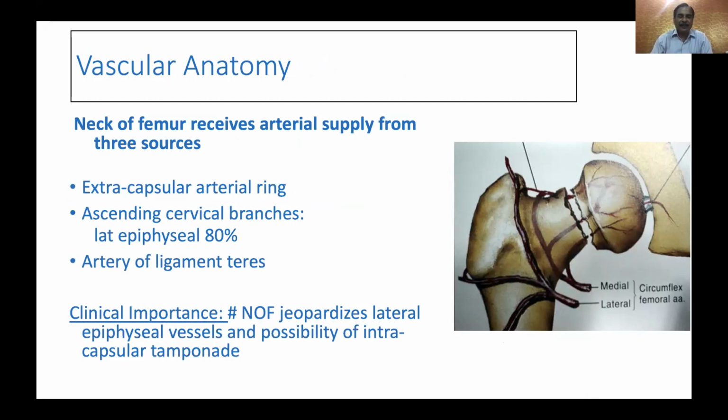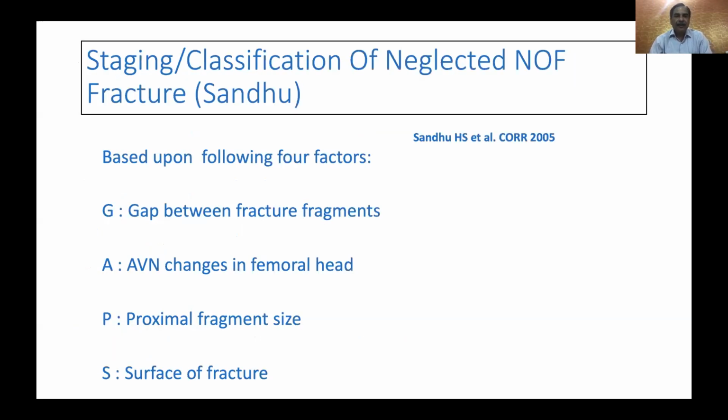The ascending cervical branches rise from the lateral epiphyseal artery, which supplies 80%. Then there's the artery of the ligamentum teres. Fracture neck of femur jeopardizes the lateral epiphyseal vessels, and then the intracapsular tamponade is the culprit. Dr. Sandhu has published a seminal paper on the staging or classification of neglected neck of femur. It will help if you study that.